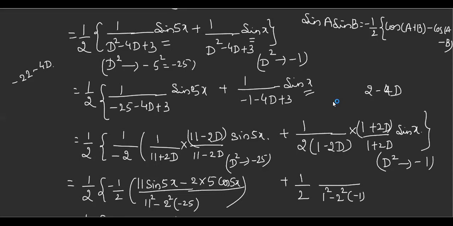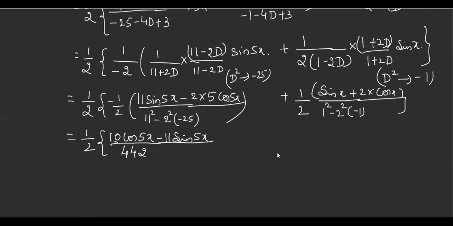One more thing, take this inside. So 1 into sin x means sin x, plus 2 into D operating on sin x means cos x. So tell me the simplified answer for this.